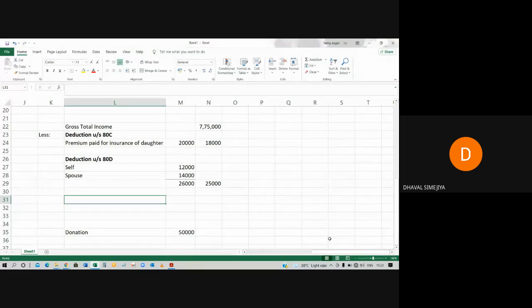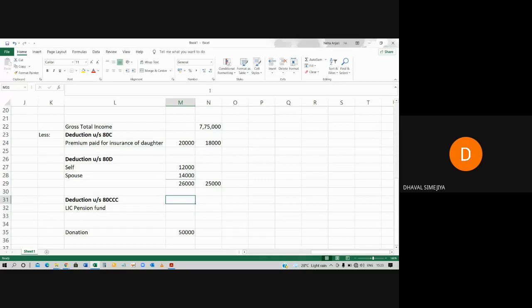National Pension Fund is 80CCD. The specified pension fund is the LIC pension fund here. The total limit is 1,50,000.